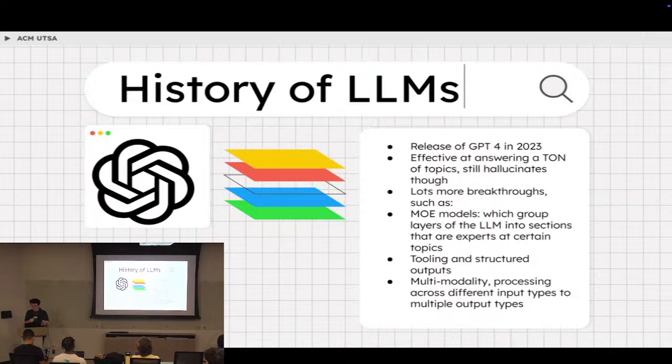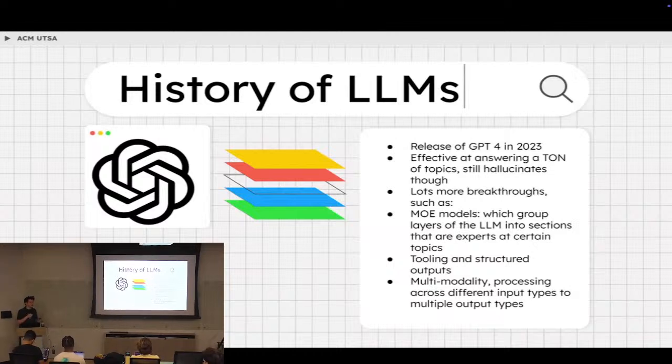Also, we start to get a lot more support for integrating these models into our own systems. This is through all these AI companies opening up APIs where you can hook up your own products into them. There are things like tooling and structured outputs.